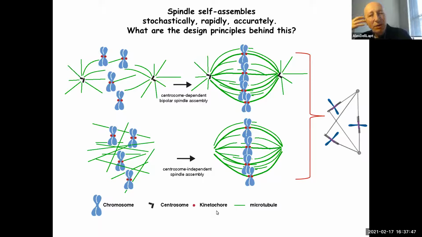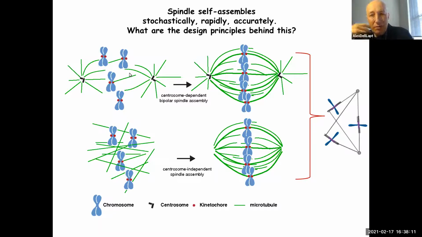Again, for most of today's talk, I will not go into this very delicate process on the kinetochore. I'll just say that this is, in a way, a certain glue for the microtubules. So when microtubules reach the kinetochores, they get glued to it. Later in the talk, it will be clear that that's not exactly true.